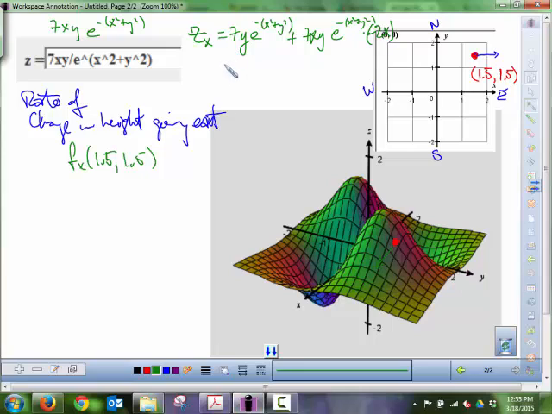I suppose we should try to simplify this. Normally I wouldn't care about simplifying derivatives, but if we're going to plug in numbers, it might be good to simplify. So I can factor out 7y and e to the negative (x squared plus y squared), and then I would just have 1 minus 2x squared, right?